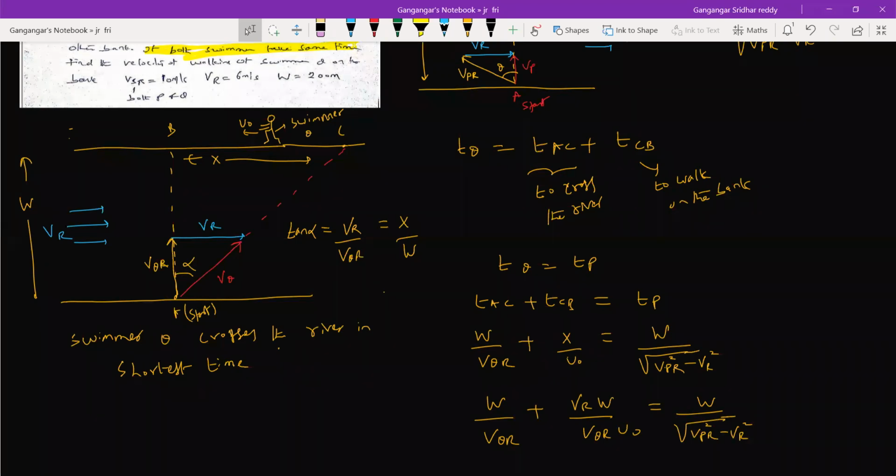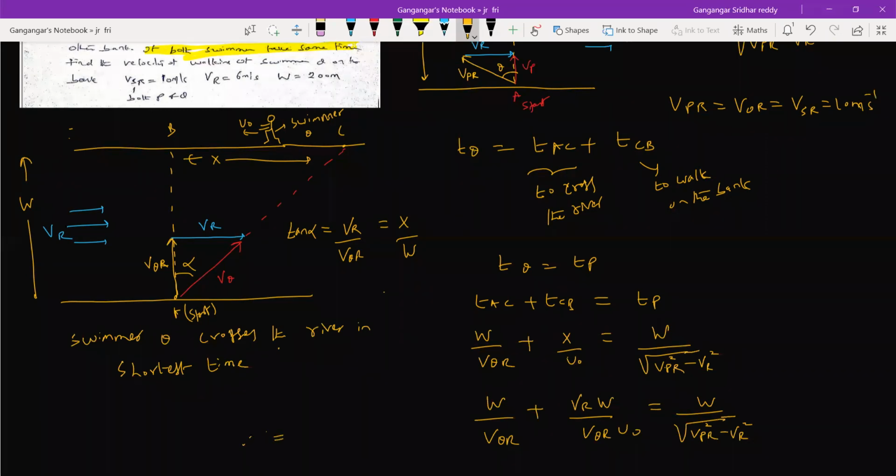So the only unknown is U naught. We know the VQR and VPR values. The two are equal, 10 meter per second. So I'll write it clearly here: VPR equal to VQR equal to 10 meter per second. Substitute that and solve for U naught.